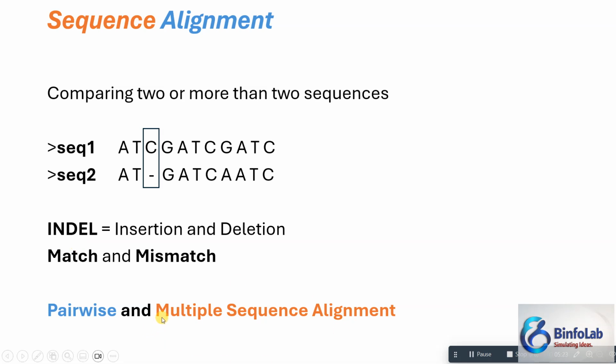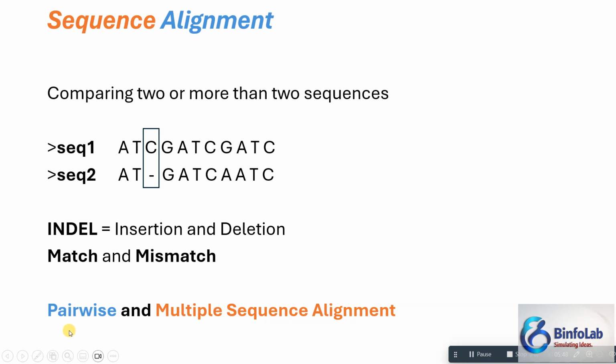Now, there are two types of alignment based on the alignment procedure or the number of sequences. If you are performing alignment between two sequences, like I did here, then we call it pairwise sequence alignment. You can see from the word pair.